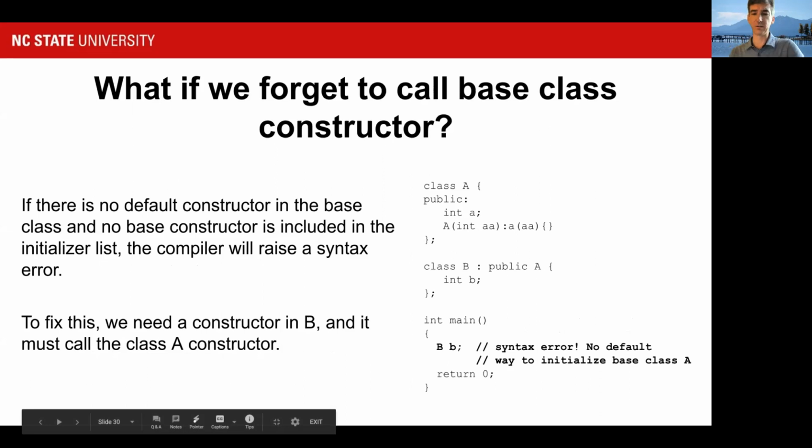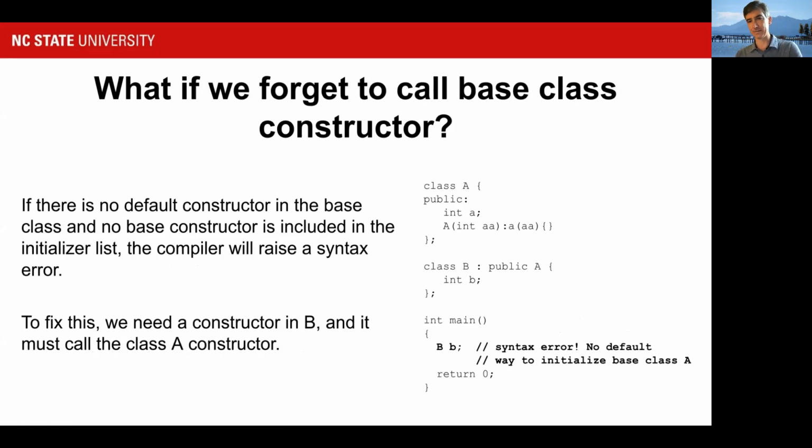Now, here's a more subtle situation. Let's say we don't write a default constructor for B, and there is no default constructor for A. Remember, a default constructor is a constructor that can be called with no arguments. Since A's constructor takes an integer, it doesn't have a default constructor. When we make class B, we don't give it any constructor at all, so the compiler makes a default one for us.